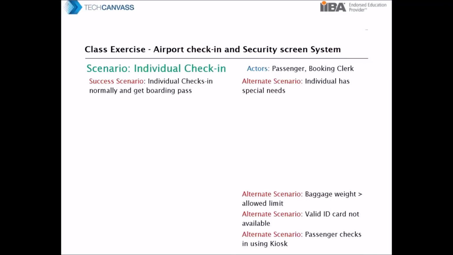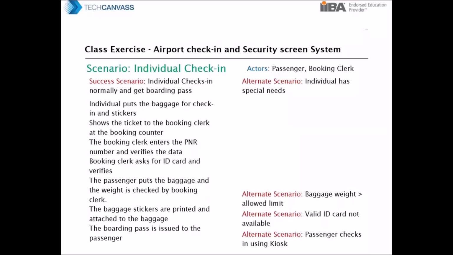So you can identify various possibilities which can happen in a particular use case, and these are very important in terms of how you proceed further. For each of these scenarios, you are expected to write down the steps in which it is going to happen. In the individual check-in scenario, we have just listed these 5 to 6 steps.